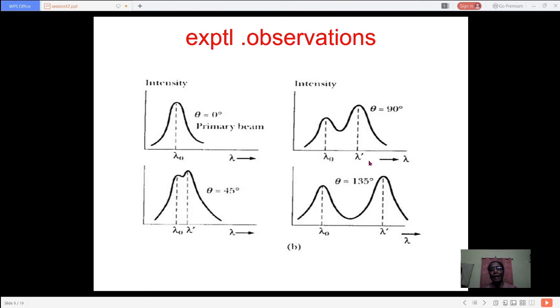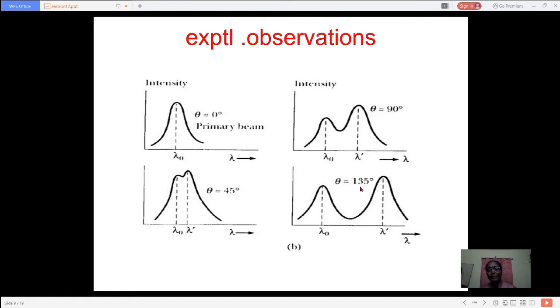Okay, and at some other angle, say 90 degrees, see, the scattered radiation is becoming predominant, and this lambda dash minus lambda naught is the Compton shift. See, it is wider over here.